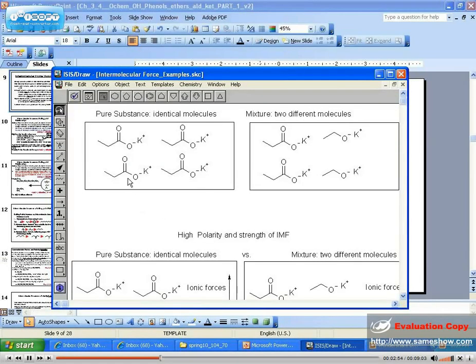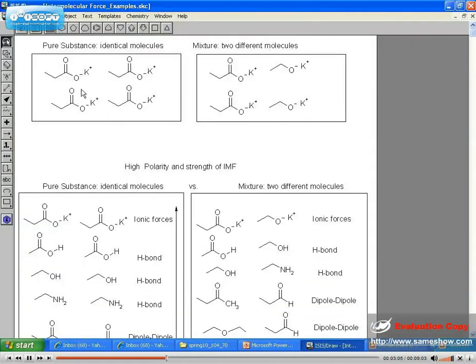Here I have a pure substance with identical molecules. FYI, these are molecules we're looking at. This is an example of molecules with ionic forces, which I'll go ahead and highlight up here. Notice these are between molecules of the same type. They're identical molecules. Over here we have a mixture, and that's when we have molecules of one type mixed in with molecules of another type.